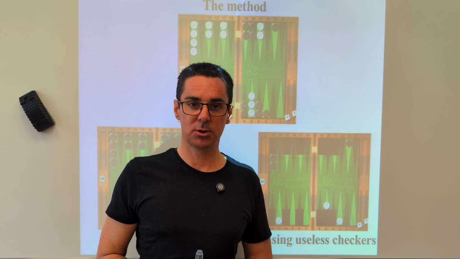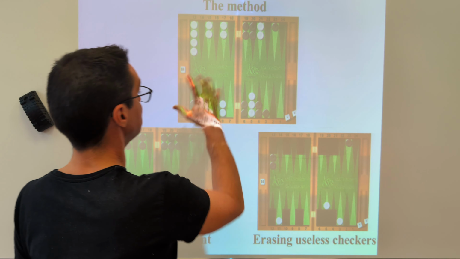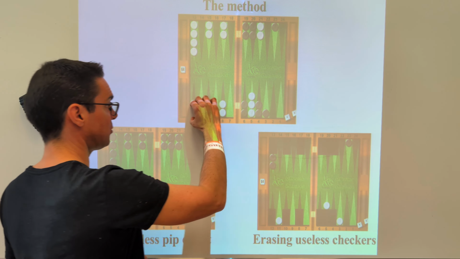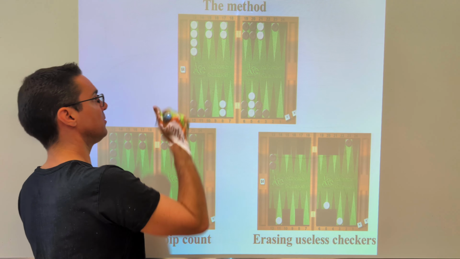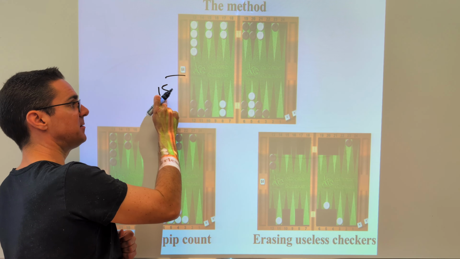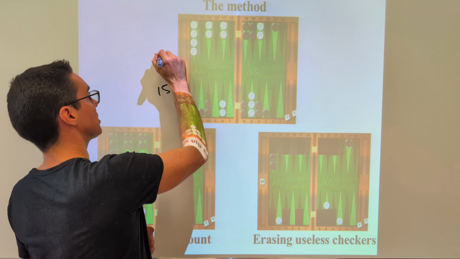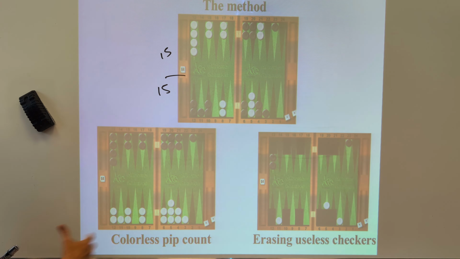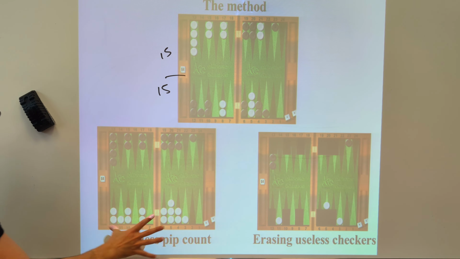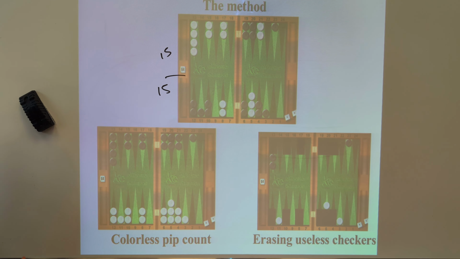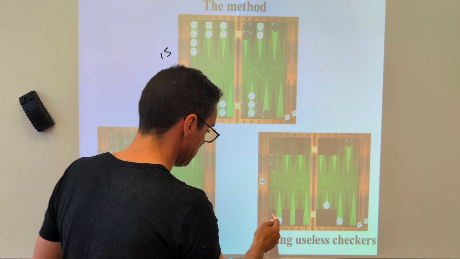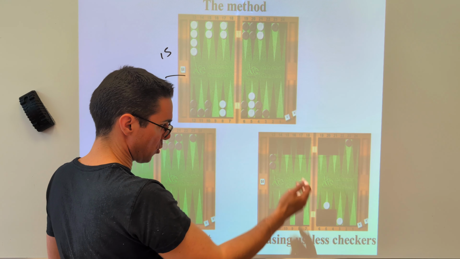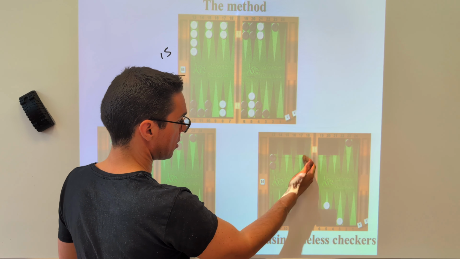So now we are ready to calculate the pip count deficit. There is this game. You first have to imagine that there are 15 checkers here and 15 checkers here. Then you imagine that the first 15 checkers are white, the last 15 checkers are black. And you erase in your brain the checkers which are in an equal run.